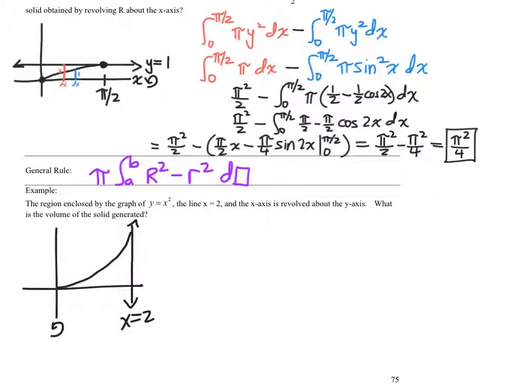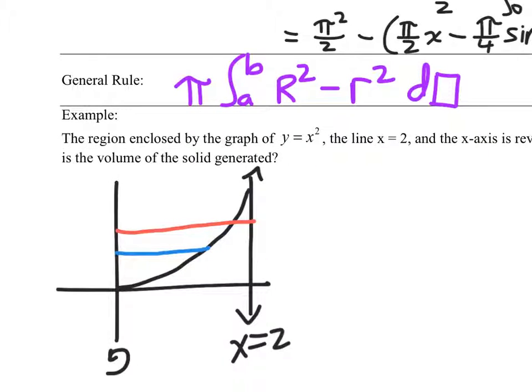So I need an arbitrary rectangle for the outer function, and an arbitrary rectangle for the inner function. So x dy, x dy.